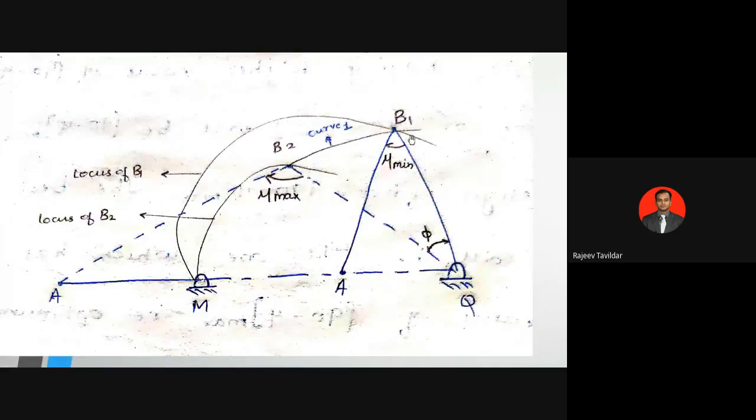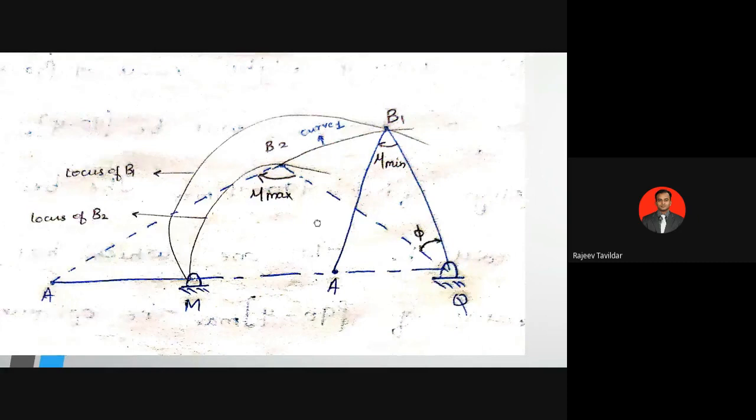You can see that we are having the locus of B1 over here. On this locus line, I am supposed to choose a variety of points B1. So that is B1 part 1, B1 part 2, B1 part 3, and so on. That is shown over here.